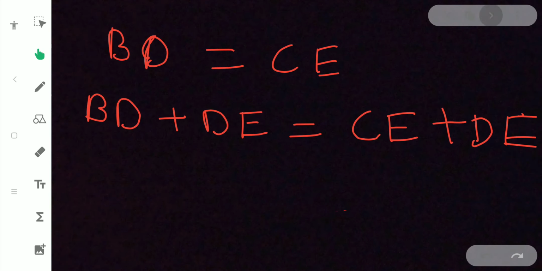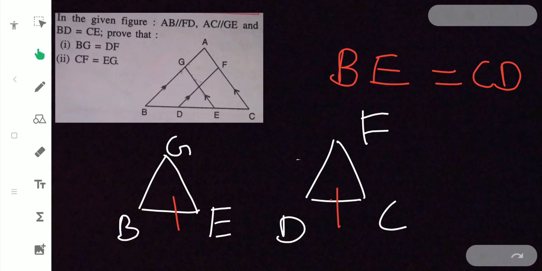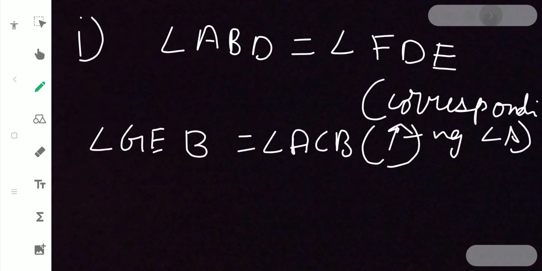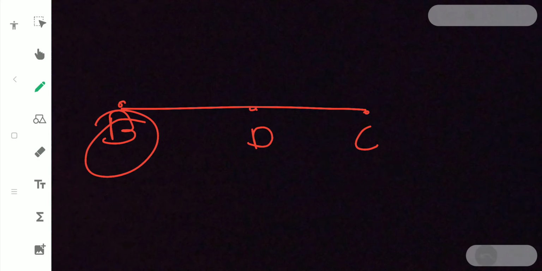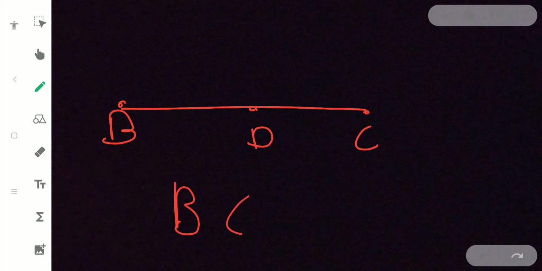So now I have BD plus DE on my LHS. What is BD plus DE equal to? If a line is drawn here, having this point B, this point D and this point C, I can write this line as BC, because I am having the end here and end. So I will write it as line BC.